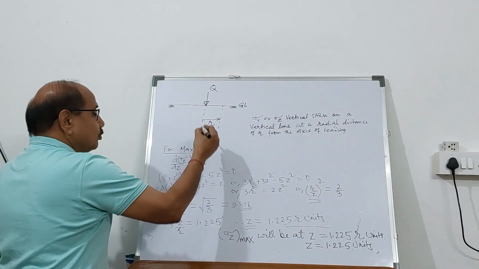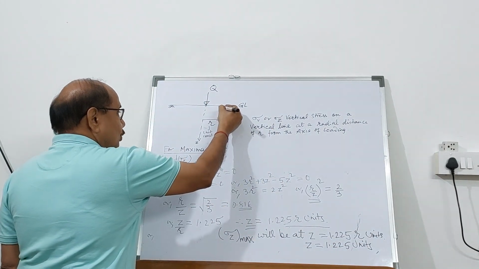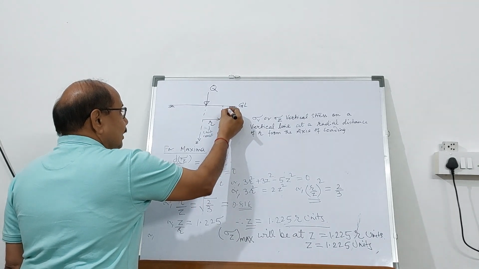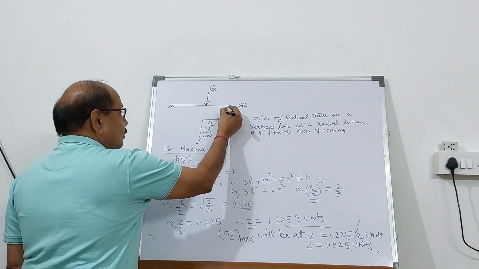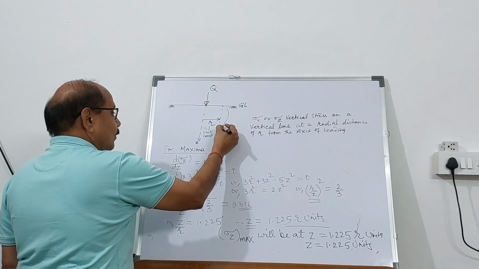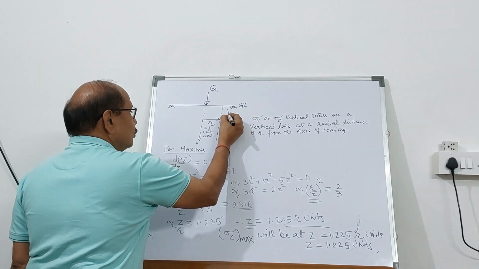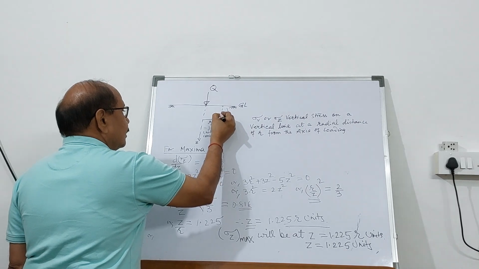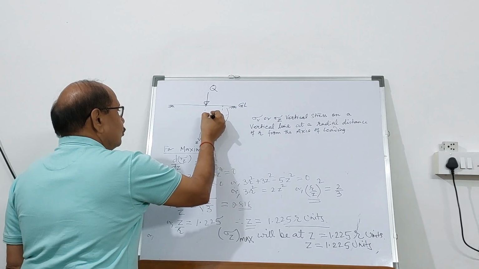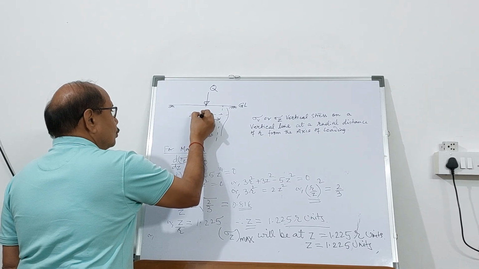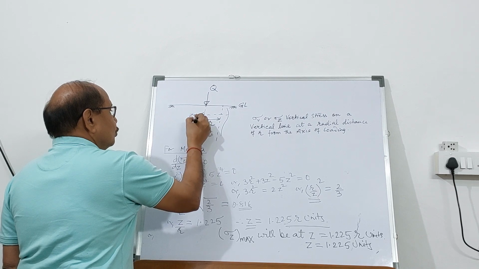So at z equal to 1.225, the vertical stress will be maximum. Maximum vertical stress is going to be at a value where this z value is going to be 1.225 units.